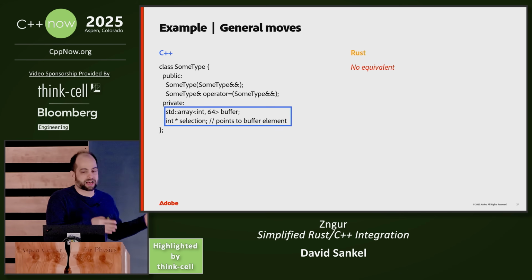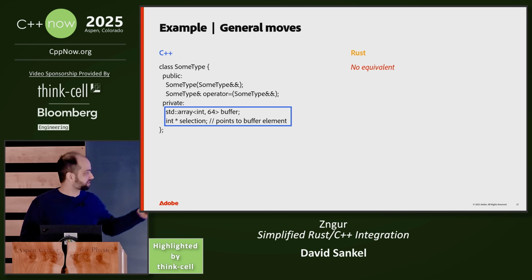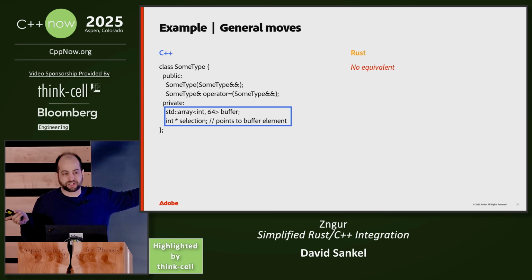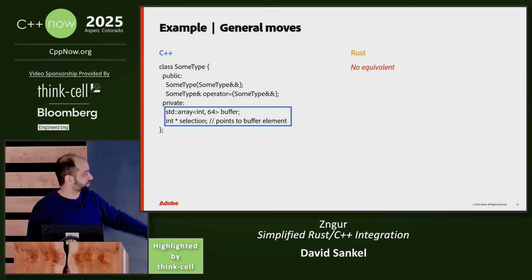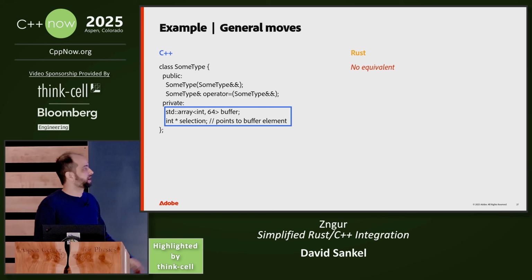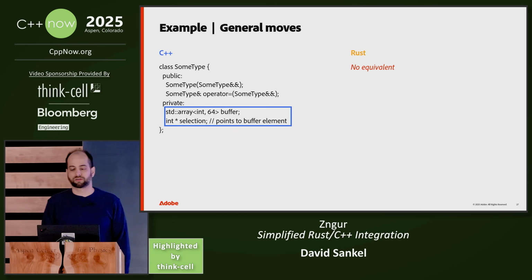If we do a memcopy of this from one place to another place, that pointer is going to be pointing to the old object's memory location, right? So it's not going to be valid. That's why you'd have these custom move operations. And in Rust, there's no equivalent for this. You don't have user-defined moves. Doesn't exist, right?